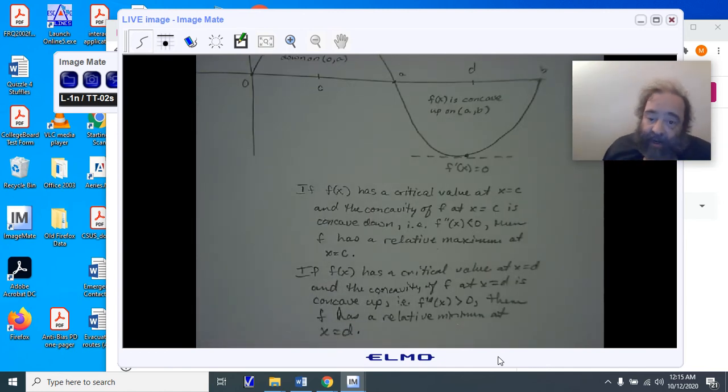So once again, the second derivative test requires that there is concavity and requires a critical value.